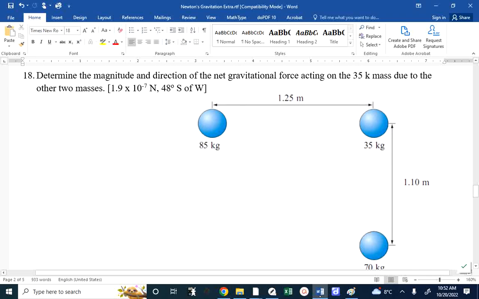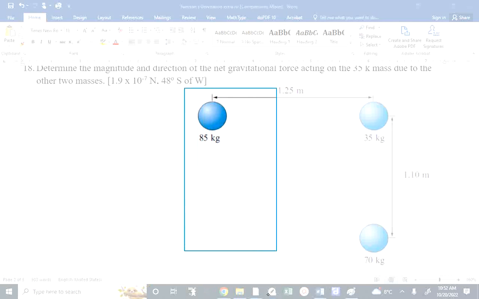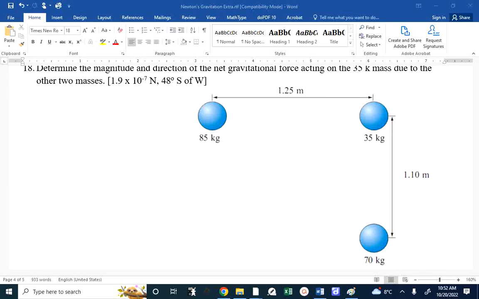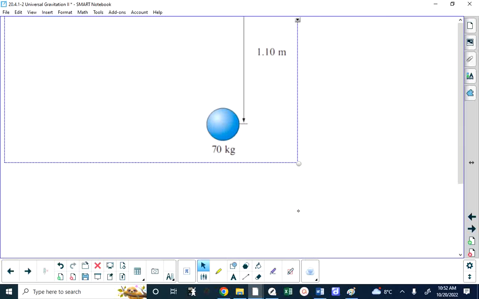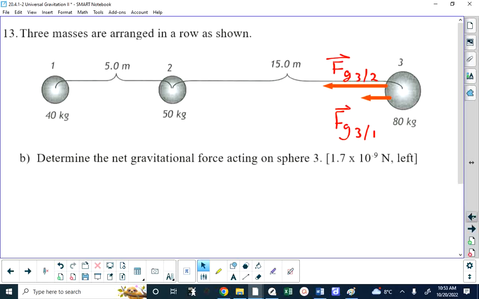I like this. So if you wanted to find the net force acting on the 35 kilogram mass because of the other two, well, you would do the exact same thing we did with, I think it was 13A and B. Okay. So the same thing you would do.